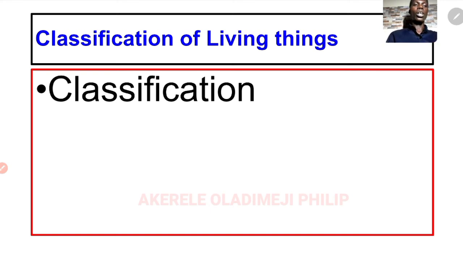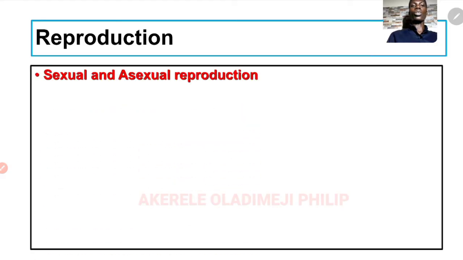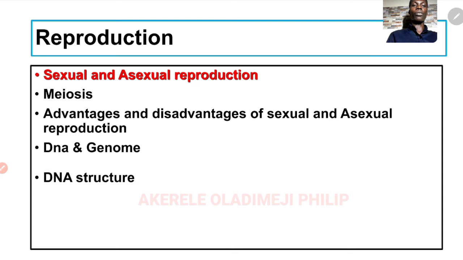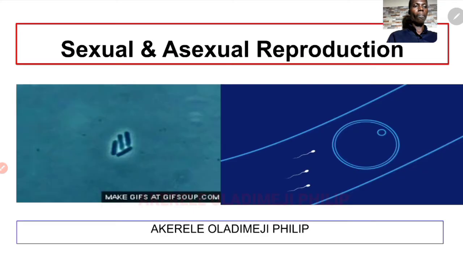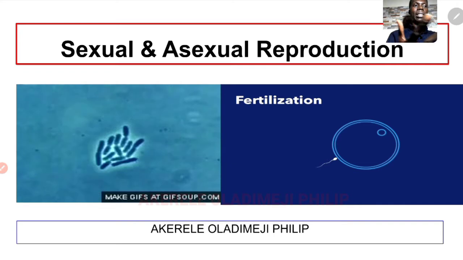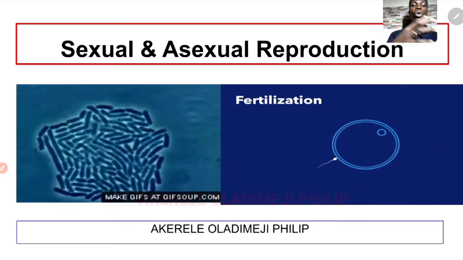All right, so we'll be starting off with the first segment of the section, which is reproduction, and that's the one that has the following. The first one we are starting now will be sexual and asexual reproduction. All right, now basically from what you can see here, you can see two clips there.